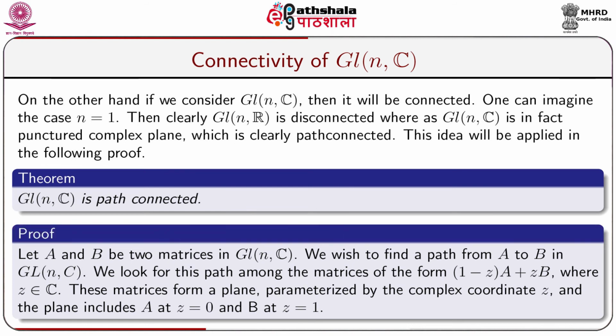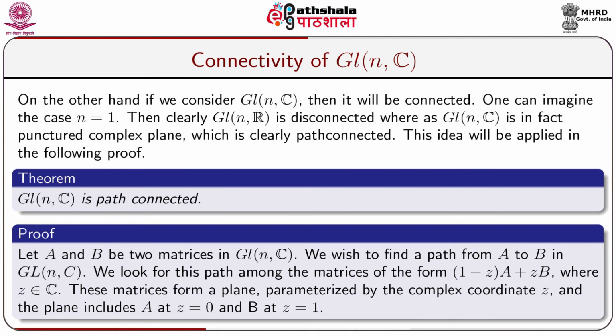Let us consider the collection of matrices (1 minus z)A plus zB, where z belongs to C. We would like to find our required path in this collection.